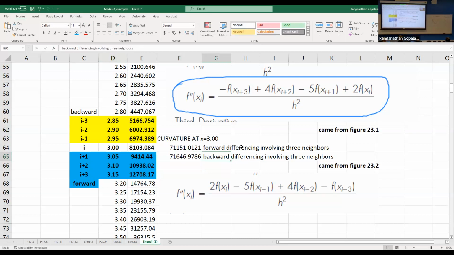At home, please also try. Actually, maybe we'll also try central. Getting recorded, so hopefully this rush is not affecting you. So you see that there is a small difference between the forward and backward difference.